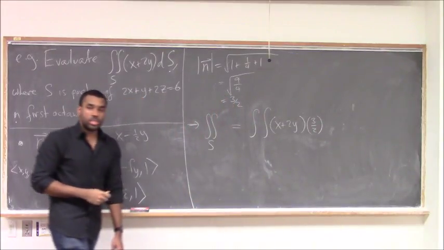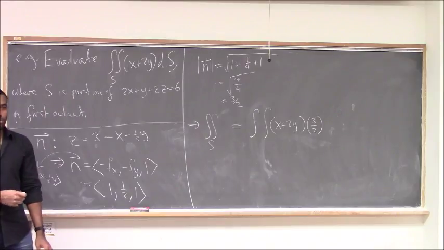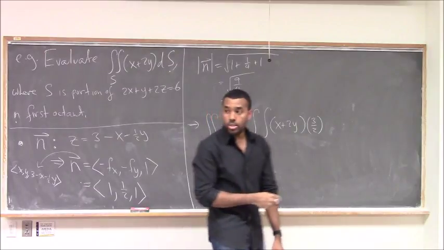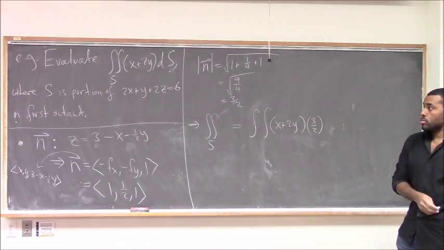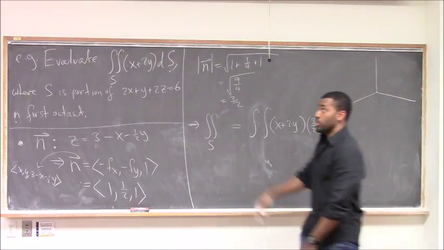Now let's talk about the limits. How are you seeing that? Tell me how you figured that out. I tried to find the points on the axes where the planes intersect. Okay, so think of a picture here, because we know that's a plane.